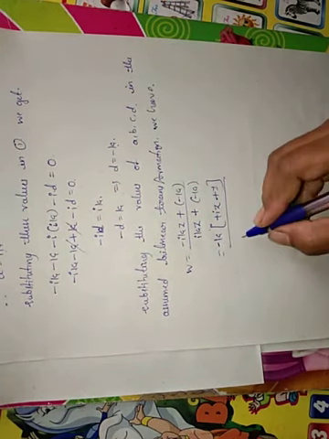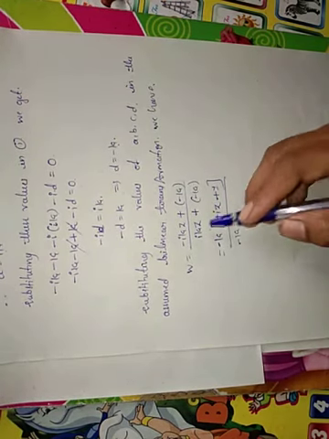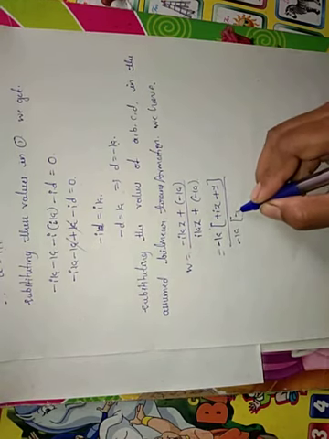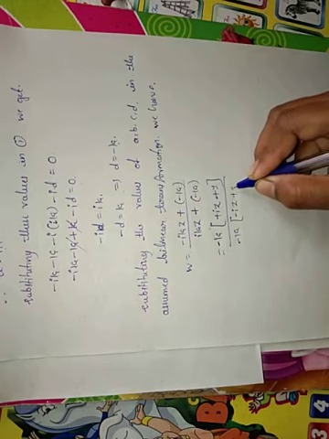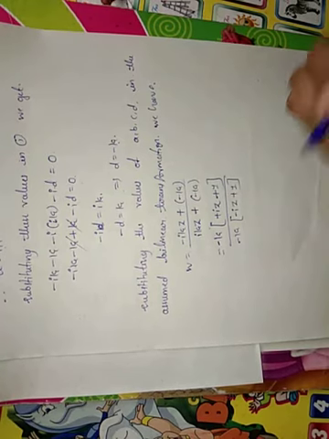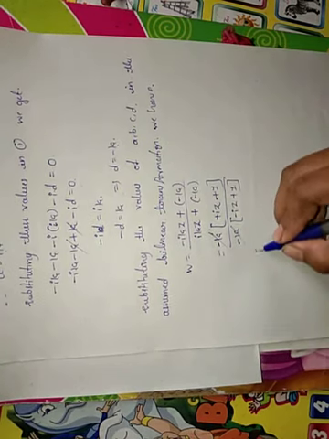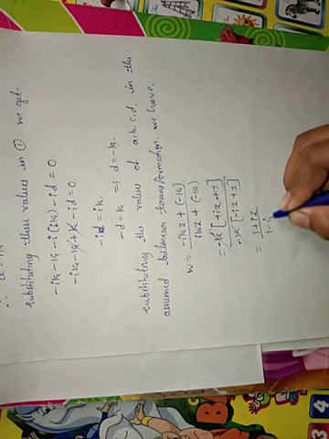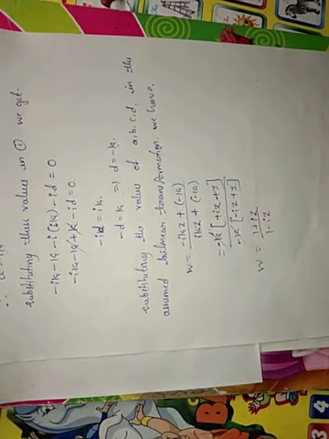Here also you can take the minus K common outside. Minus becomes plus, plus becomes minus. So minus iz plus 1. Minus K cancelled. 1 plus iz divided by 1 minus iz is our w.